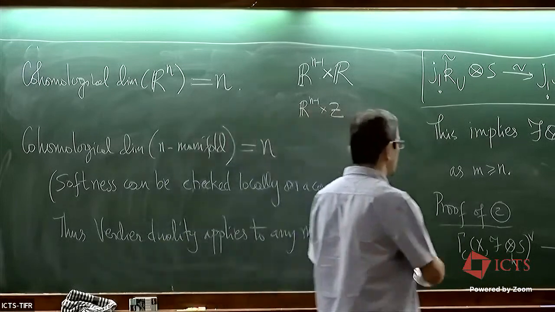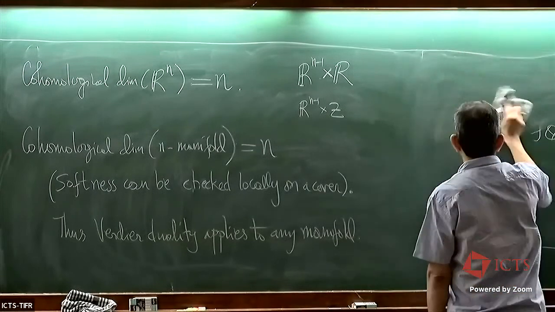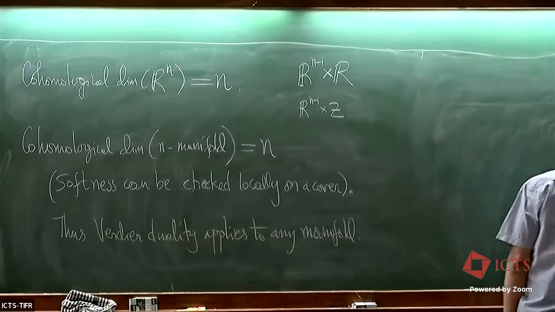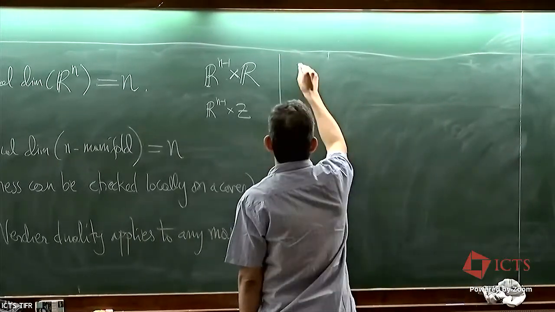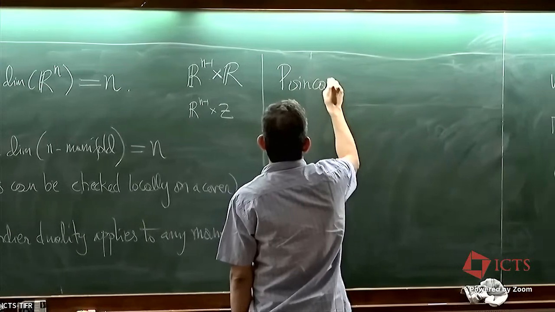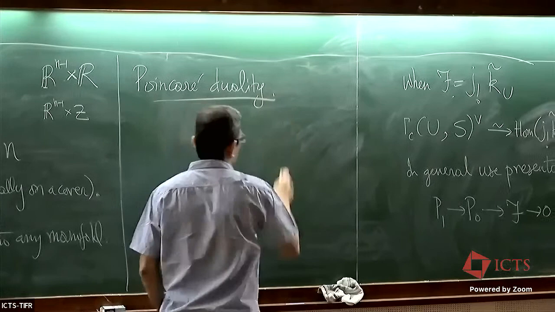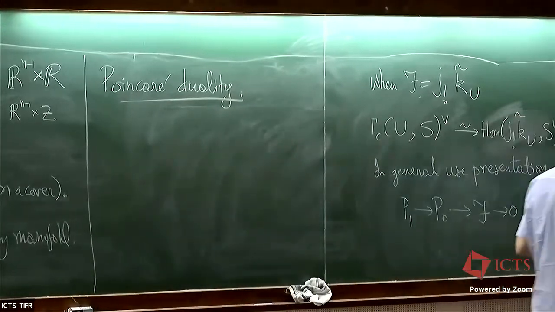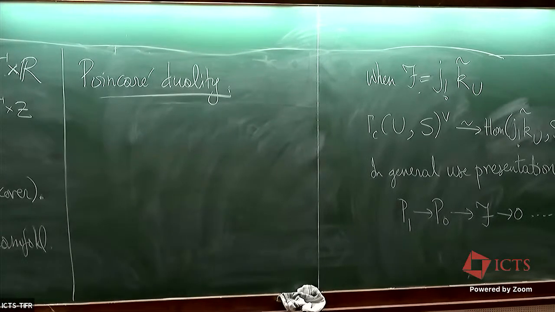Okay, so now I can write down the promised statement, which is Poincaré duality. So as I said, I'm skipping over all the calculations and small details. You can look up yourself. So let's assume X is a manifold of dimension n and K is a field.